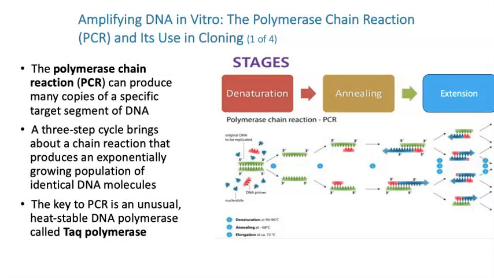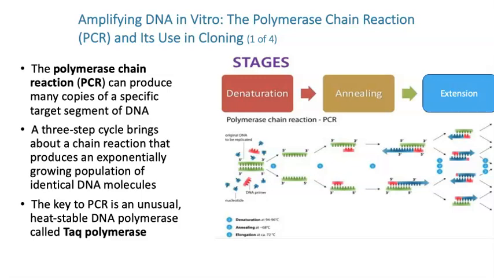PCR can make lots and lots of copies of a target segment of DNA in a very short period of time. So if you have cut out your target DNA from your source using your restriction enzymes or restriction endonucleases, and you put them in this PCR machine, there are 3 basic steps that we've got to go through in order to make lots and lots of copies. And the 3 basic steps just take a couple of minutes total.